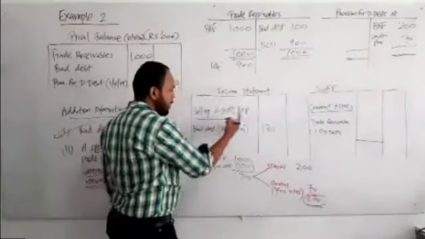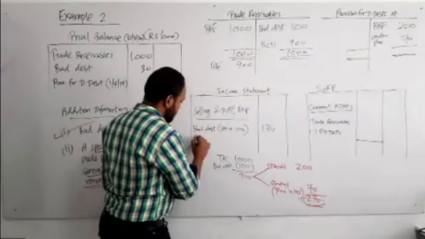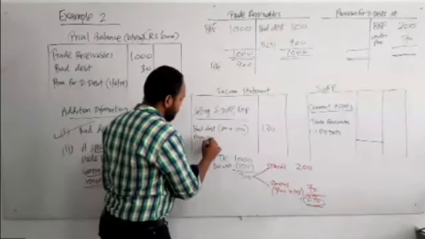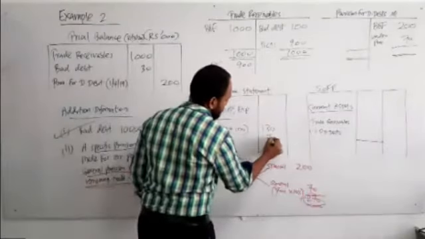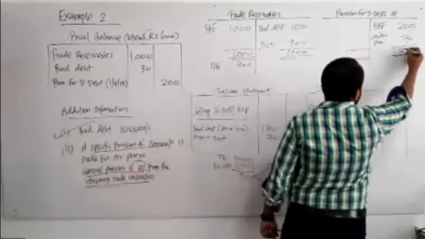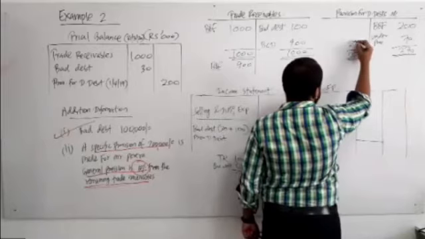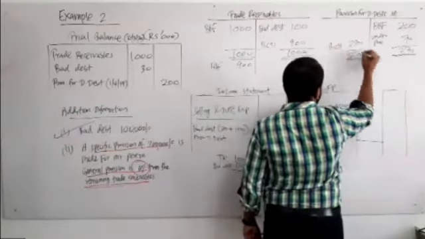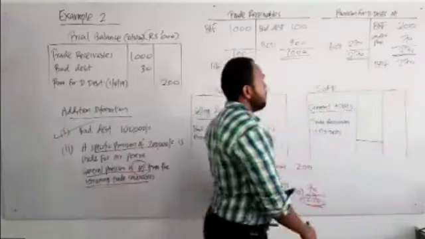It is a selling and distribution expense. Provision for doubtful debt 70. Total is 270.